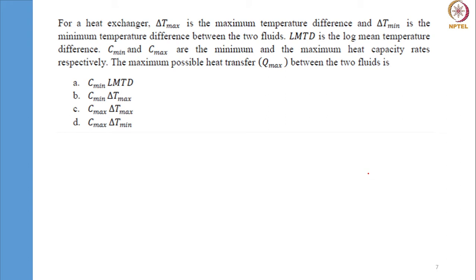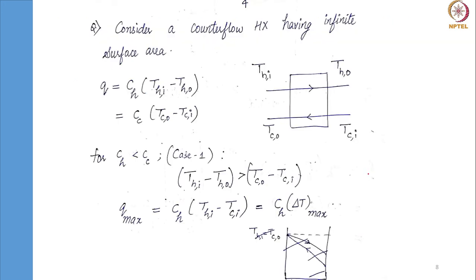Fine. So let's start from the basics. How do we calculate the maximum heat transfer rate that is possible between two fluids? For maximum heat transfer to happen, we'll assume that we have a counterflow heat exchanger which has an infinite surface area.